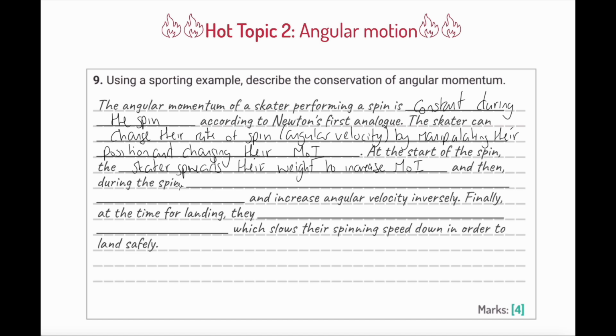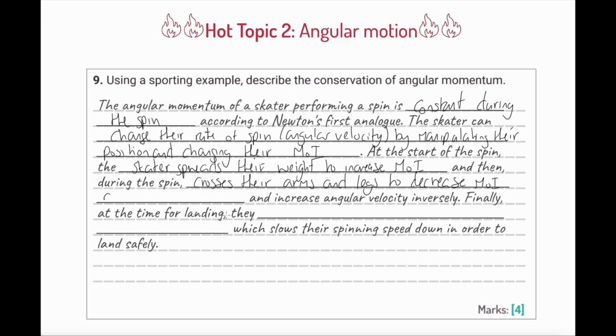And then during the spin, crosses their arms. We're literally going to look at this example and it'll all make sense by the end of this. Crosses their arms and legs to decrease MOI, moment of inertia, and increase angular velocity inversely.